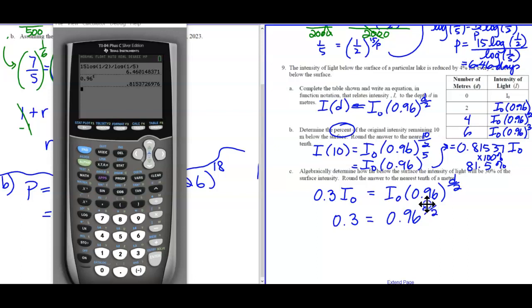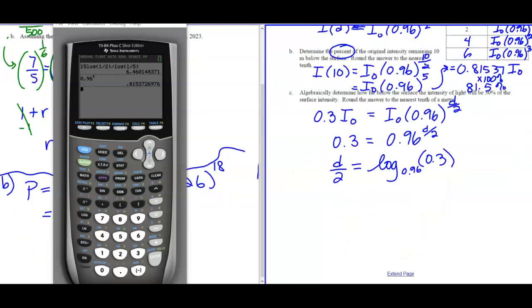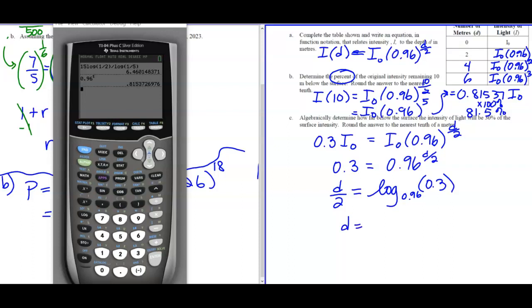And again, take the log, convert it to a log, or take the common log on both sides. If you want to do it, I'll do it in converting to a logarithmic form, a little bit faster.